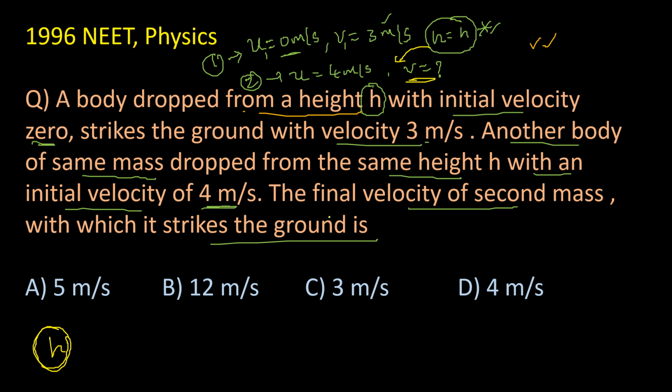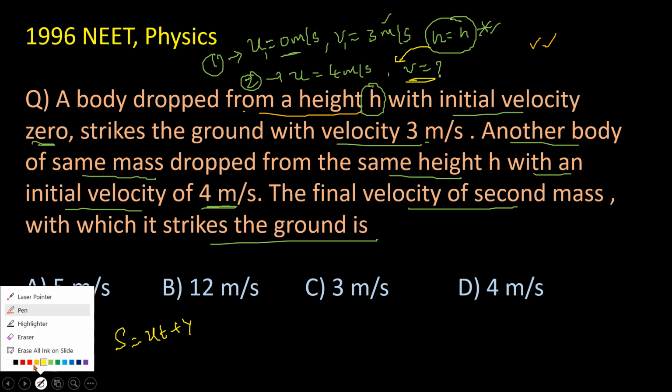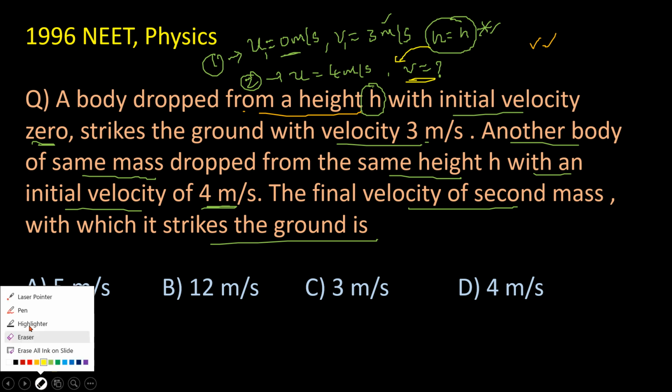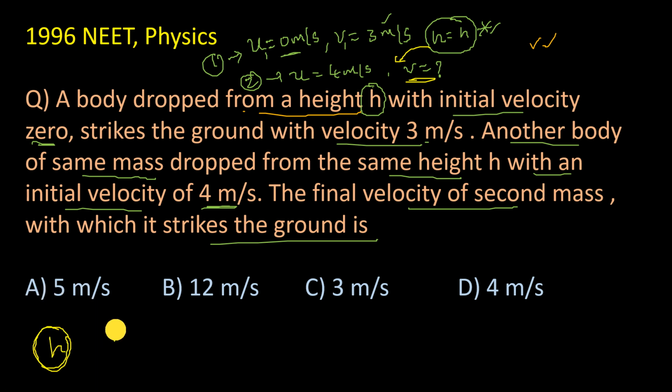Normally the formula is S equal to ut plus half at square. But here the initial velocity and final velocity are there, so we can use V square minus U square equal to 2AS. Why do we use this formula?